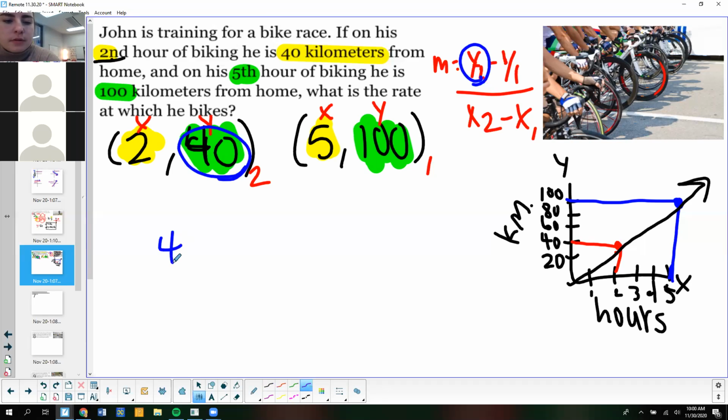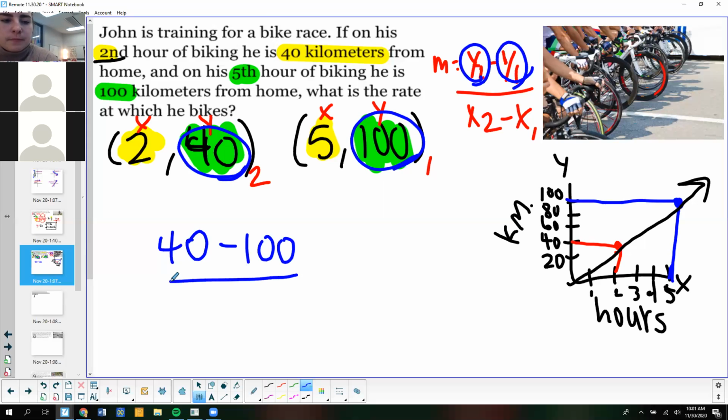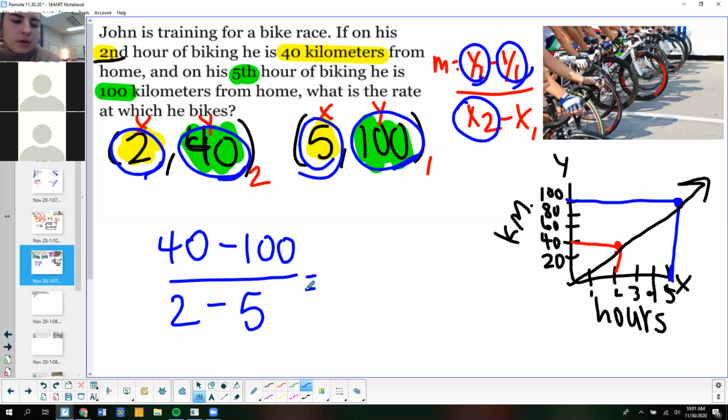So I'm going to have 100 minus y1, my y value over here, 40, divided by 5. That's my x2, the x value on my second point, minus 2. So guys, simplified, what is that? You should be able to simplify that. That's going to give us our slope, or the rate at which he's biking.